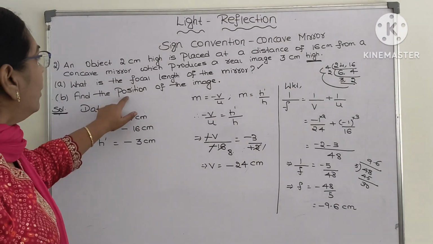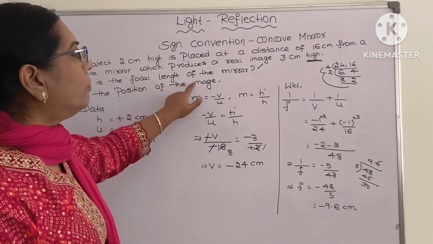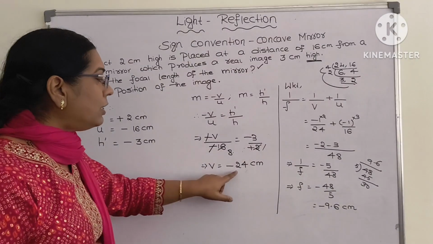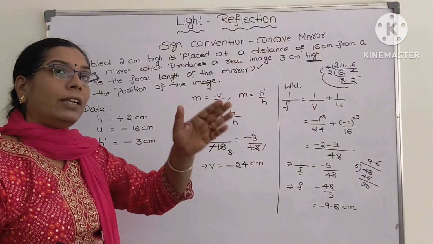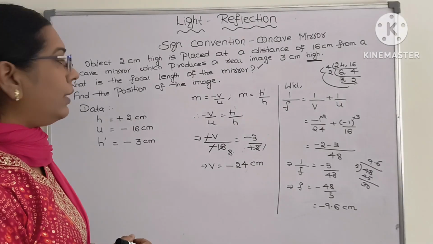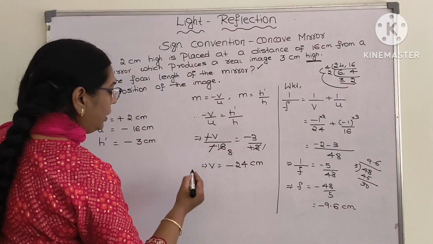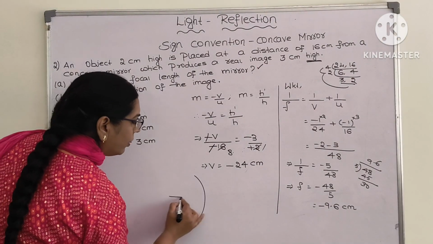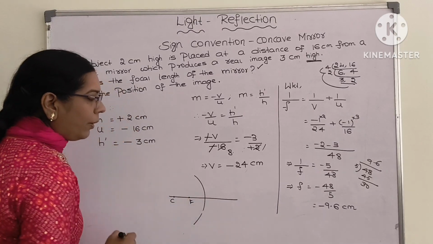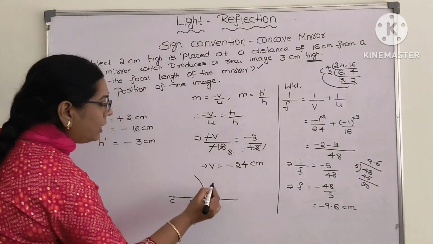What is the second part? Now we have to find the position of the image, which means where is this image forming? Image is forming at 24 centimeters in front of the mirror. How else can you interpret this? See, this is a focus, this is C, okay, this is a pole.